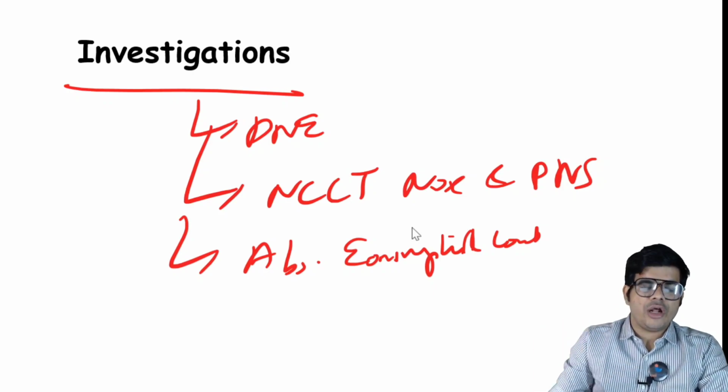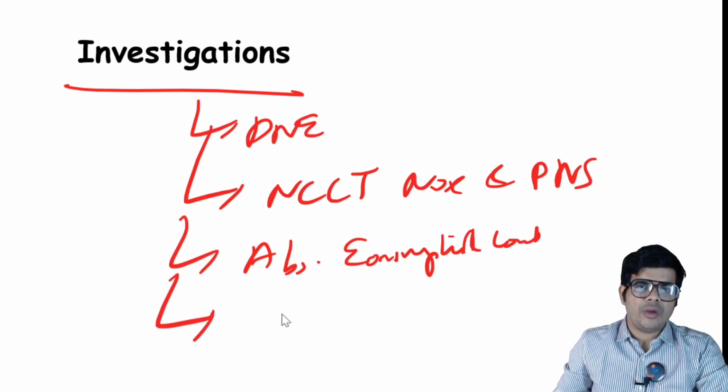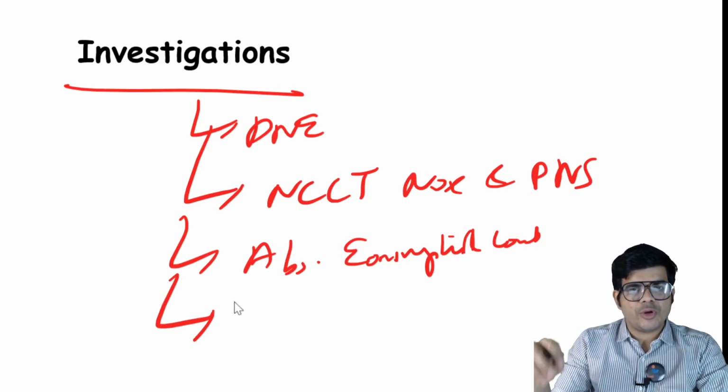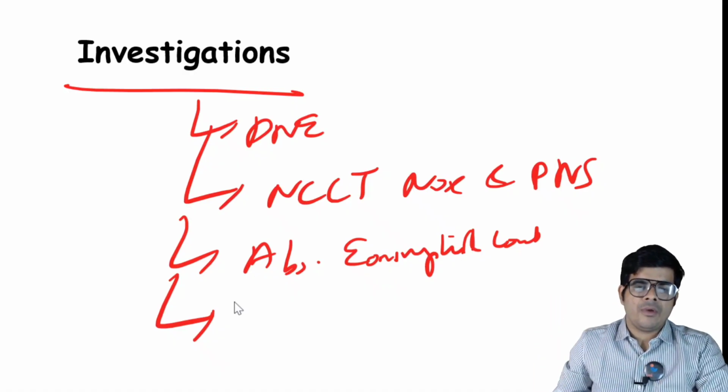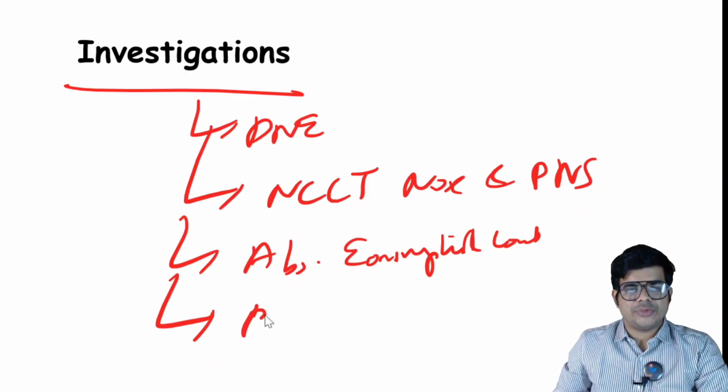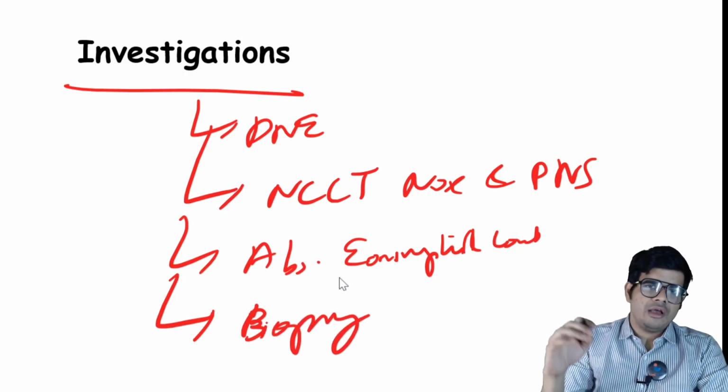And if you are going for a biopsy when you are suspecting a malignancy in case of elderly, the biopsy specimen also can be given for looking for eosinophils. So biopsy can also be done as a part of investigating the lesion.